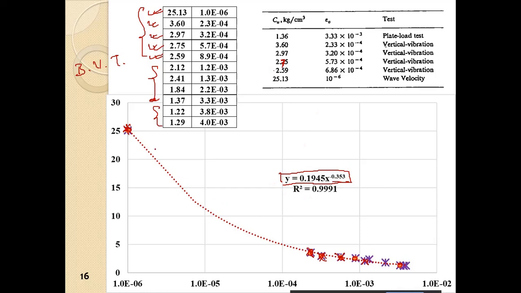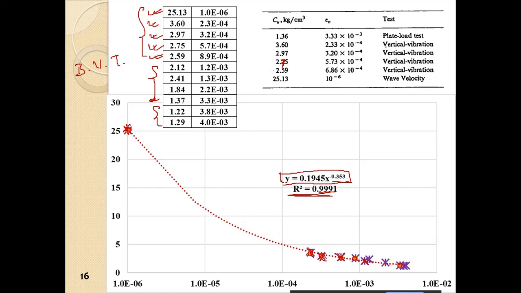You can place this curve here and get these constants. This is a power curve and obviously it correlates well. R square is almost equal to 1, 0.991, so a very good correlation.